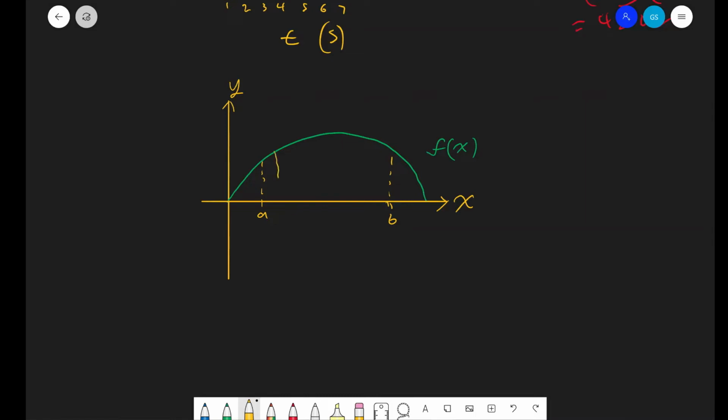So let's say I draw a rectangle right here. Rectangle here, here, here, rectangle here, here. Basically, I'm just trying to approximate as much of the area as I can, right?